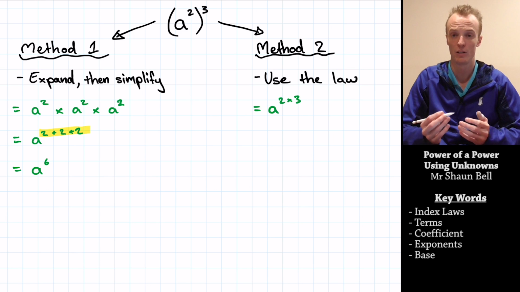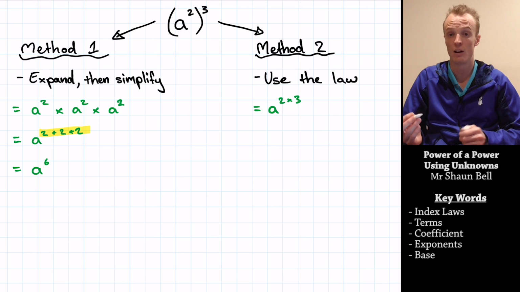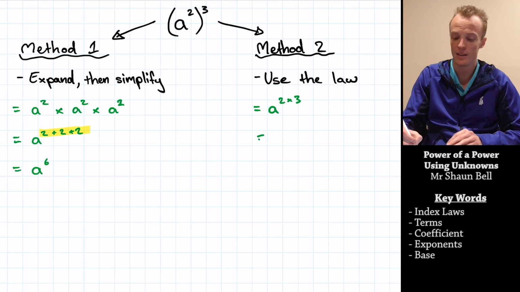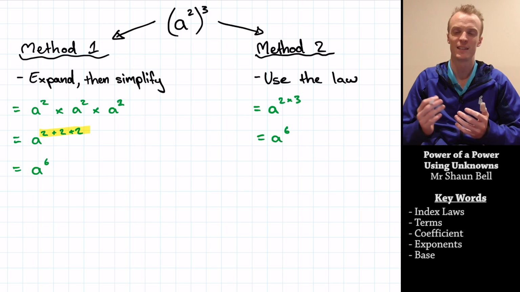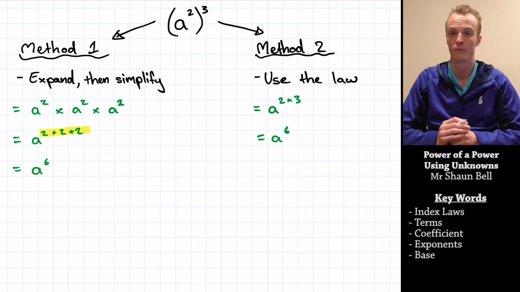We have 3 lots of 2, or 3 times 2, which can be written as 2 times 3. So that is equal to a to the 6th power. So as you can see here, both methods arrive at the same solution. However, when we use the law, it's just that little bit more efficient.